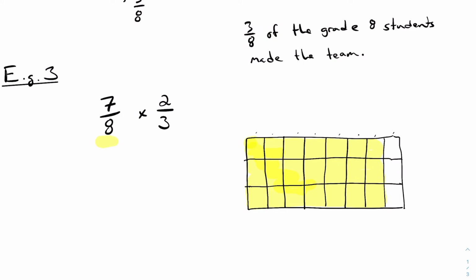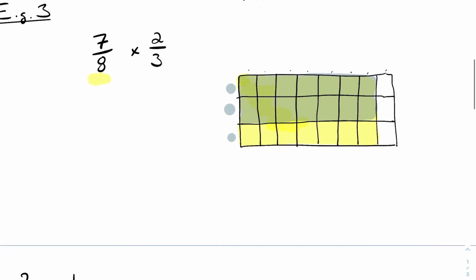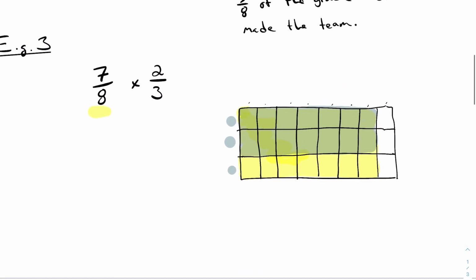Notice that this is 1/3, 2/3, 3/3. So if I want to color in 2/3 of that, let's see what it looks like if I combine. And that's going to be this section here. Kind of makes an ugly color. But let's see what we have.